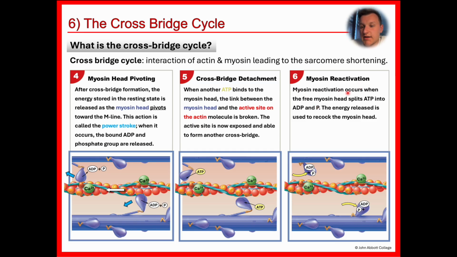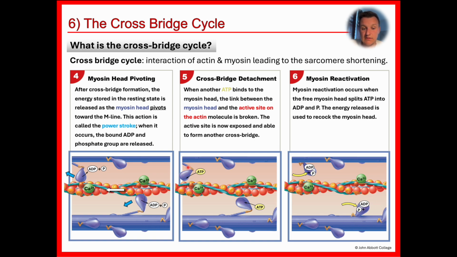And then there's myosin reactivation. Myosin reactivation occurs when the free myosin head splits ATP to ADP. Remember, using energy, using ATP means to break off a phosphate from ATP. That happens when this ATP breaks off a phosphate, and you see the difference here. It repositions the head back into this high energy cocked position.